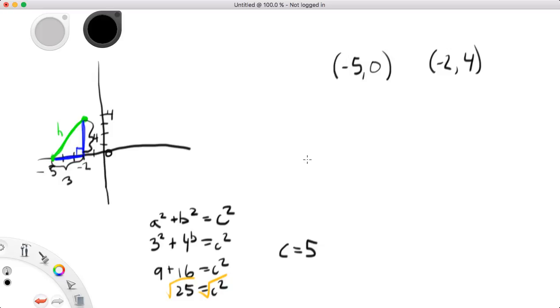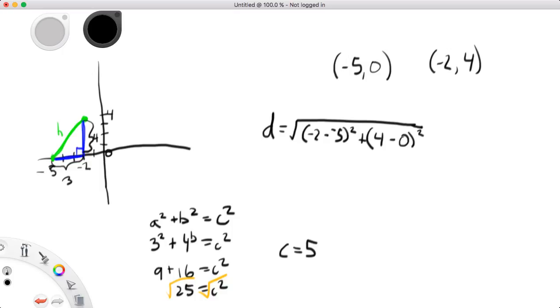Then I take the square root of both sides, and just the positive square root. You guys have learned by now that there's a positive and negative square root of anything, but just the positive square root of 25, because this is a distance, and distance is always positive, and I find that c equals 5.